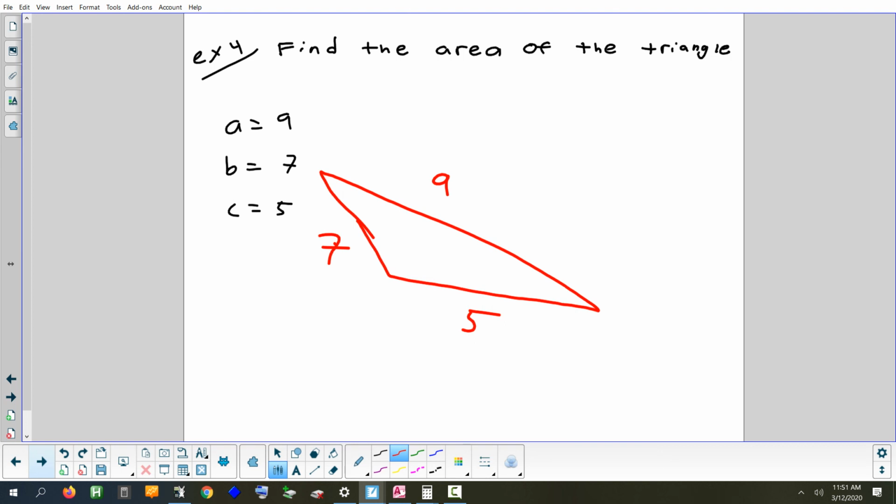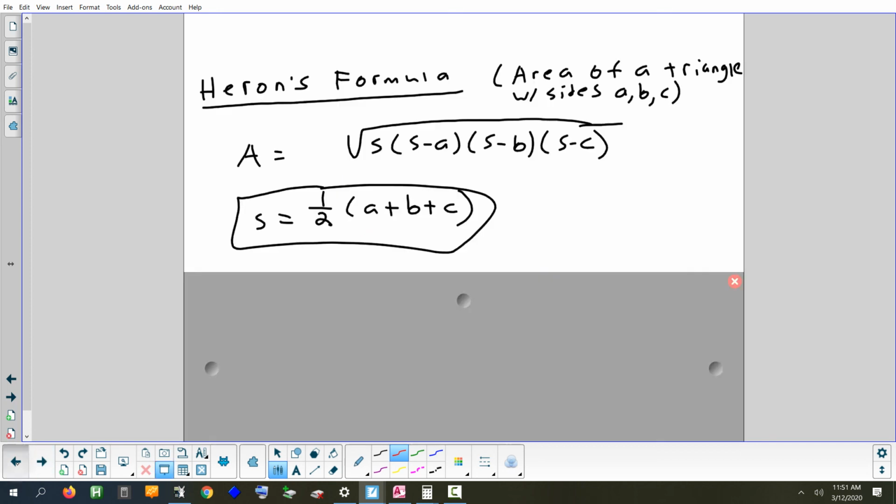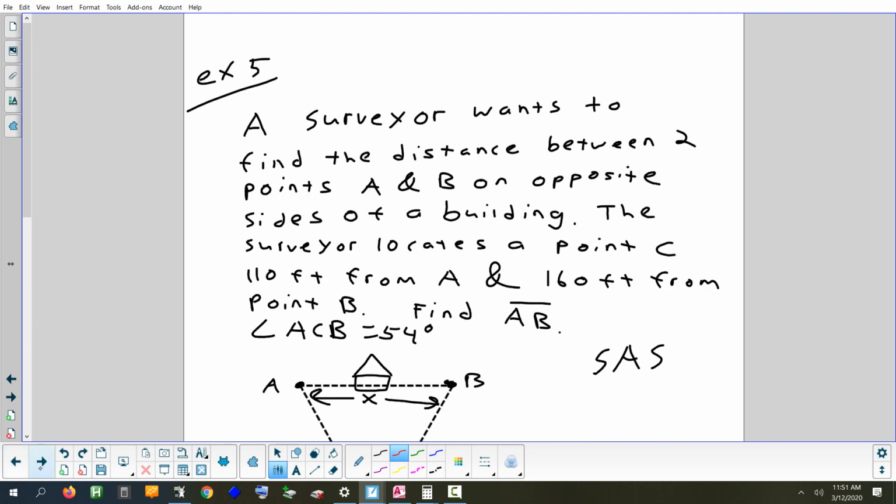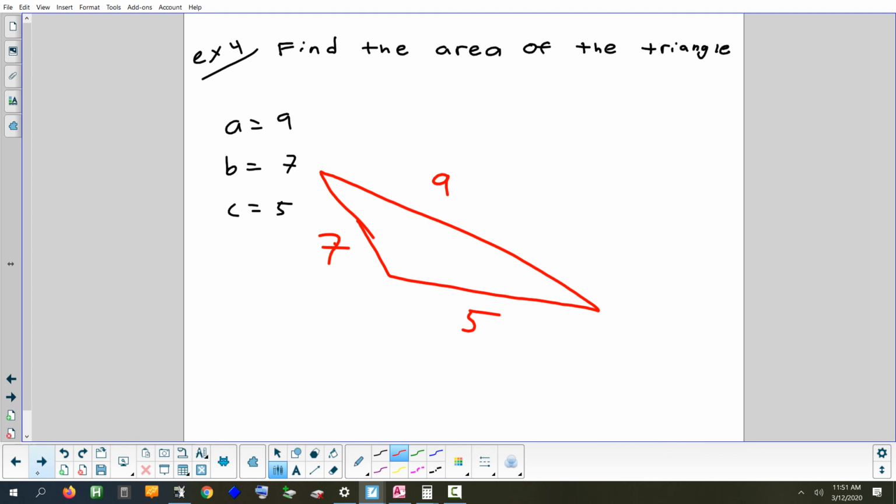Does it matter which angle? No. Use the law of cosines, just like we did on this problem. Find one of the angles, and then use the formula that I just showed you. You could do it that way. So technically, I don't need to show you anything else to do this problem. But there is a shorter way.